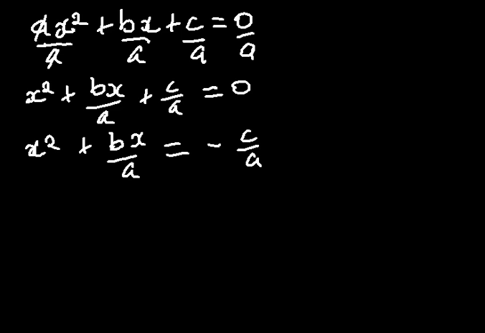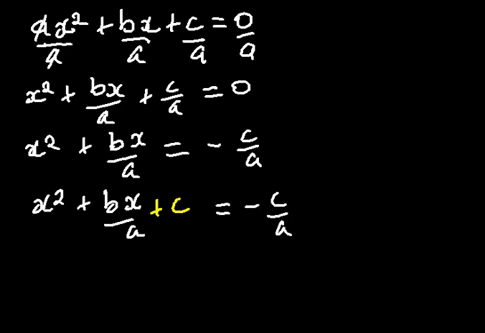So we have x squared plus bx over a, plus the missing constant part, which is equal to negative c over a, and the same constant part has to be introduced here. There's nothing to do with the transfer, we just have to introduce it here.